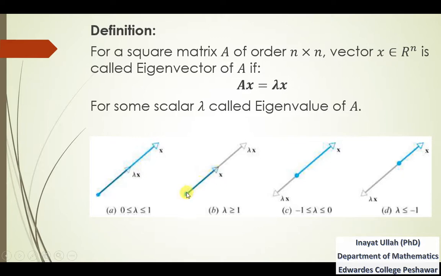It means that the length of the original vector will increase 2 times. And whenever you multiply 3 with x, the length of the vector x will increase 3 times. When lambda is greater than 1, it increases the size of the original vector, and the direction is the same. In these two cases, lambda is a positive number.